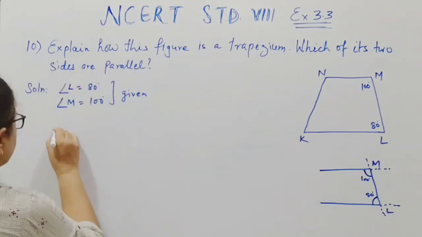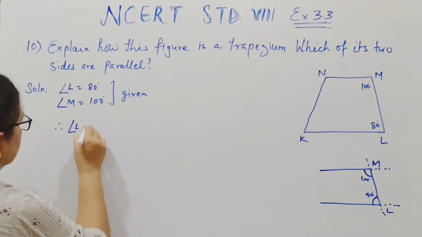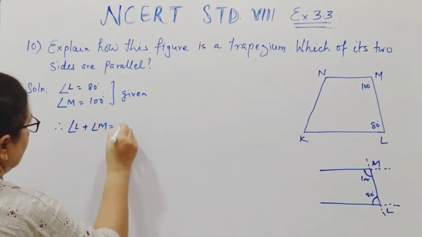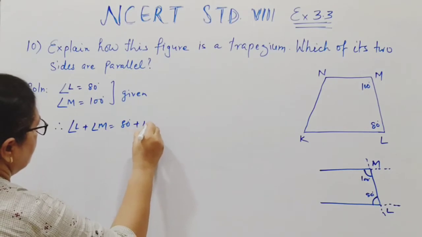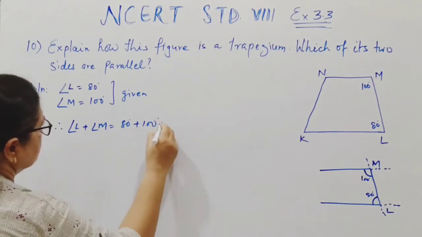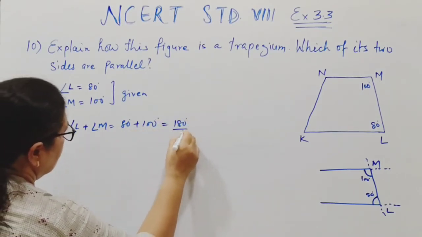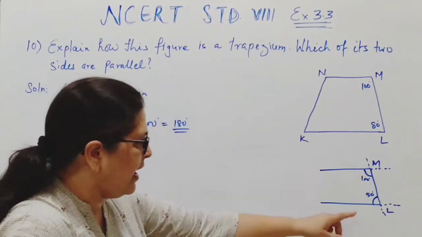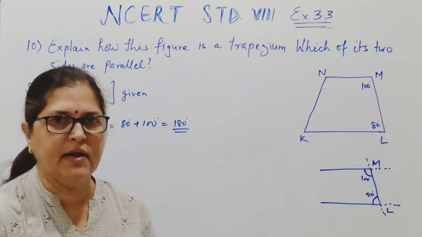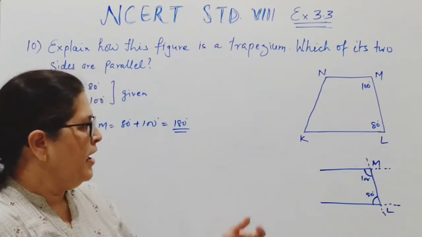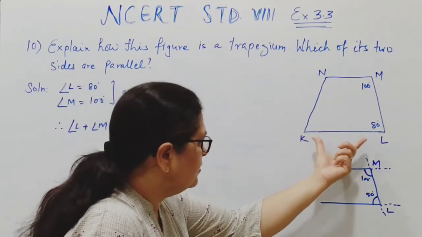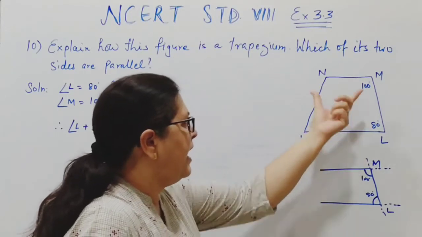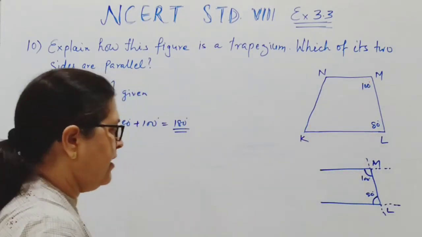Therefore, since sum of these two angles, that is angle L and angle M, is 180 degree, means they are supplementary. Hence, these two sides, that is KL and MN, are parallel.